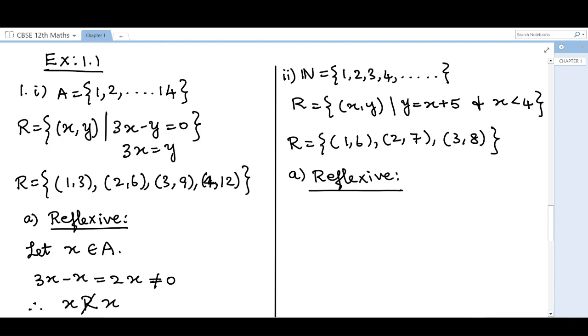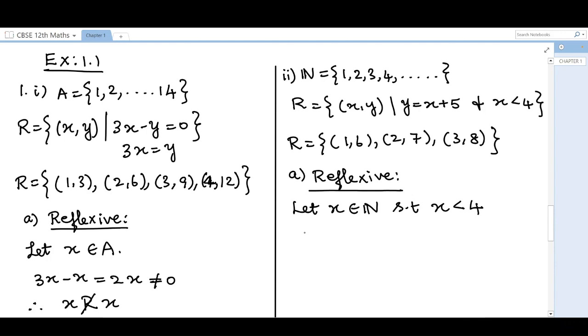We can also prove this in the most general form by taking an element from the set N such that x is strictly less than 4. So x can be 1, 2, 3. Now we have to verify whether x is related to itself.